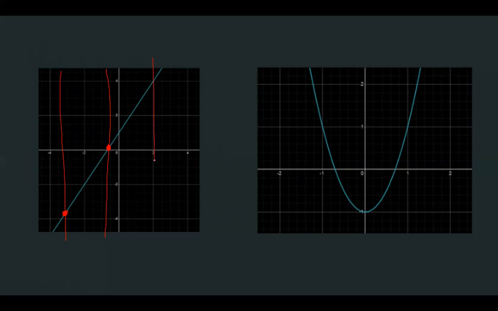Another vertical line here, it only intersects at one point. Bottom line, if you draw a lot of vertical lines here thoroughly, it will connect to only one point. So that means this is a function.